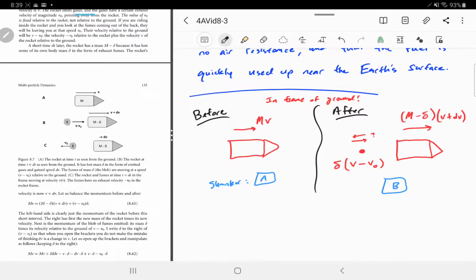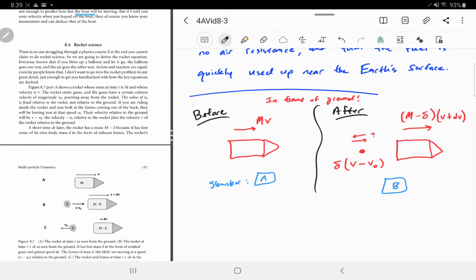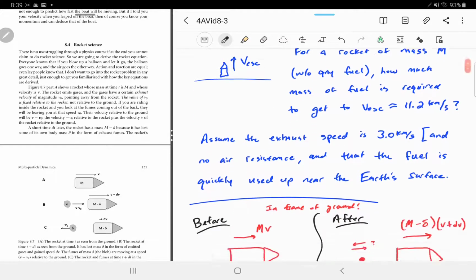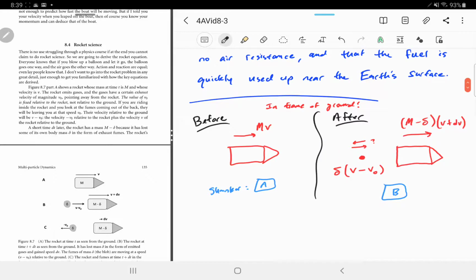Now we're assuming that gravity, the gravitational force, doesn't just turn off as we're doing this. We're firing this rocket upwards, so the gravitational force is acting down. That is an external force.